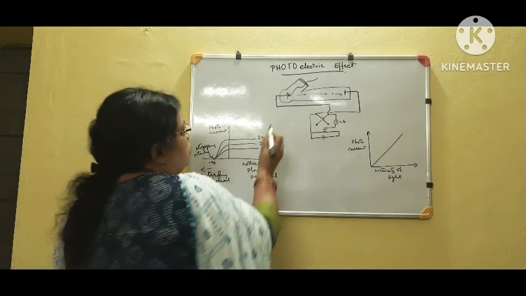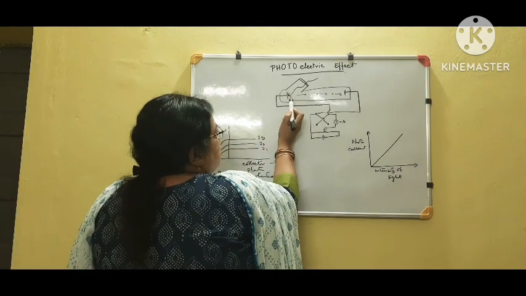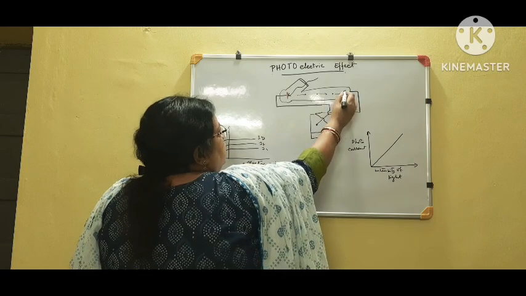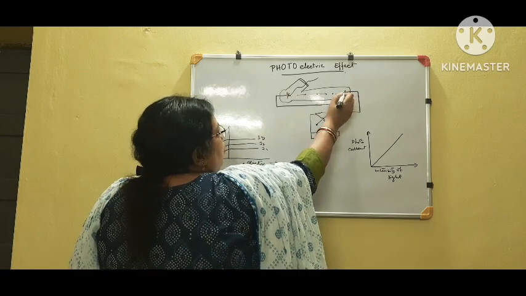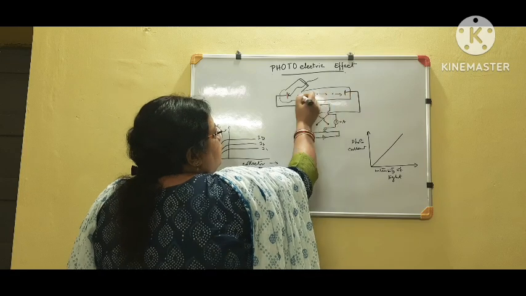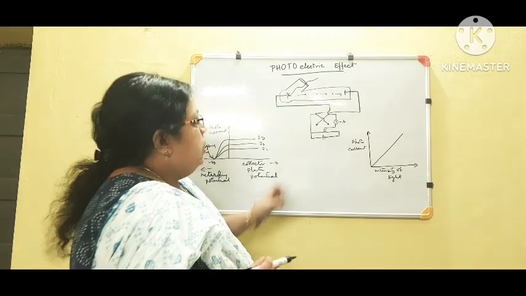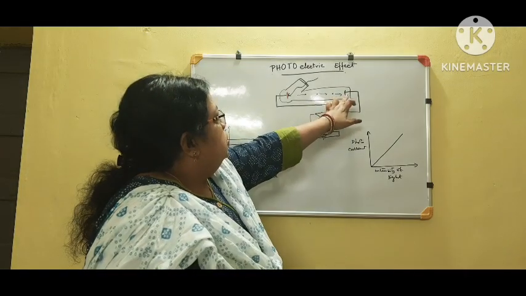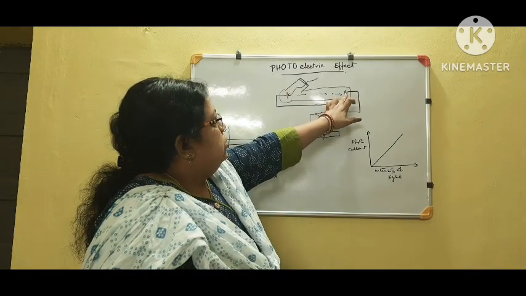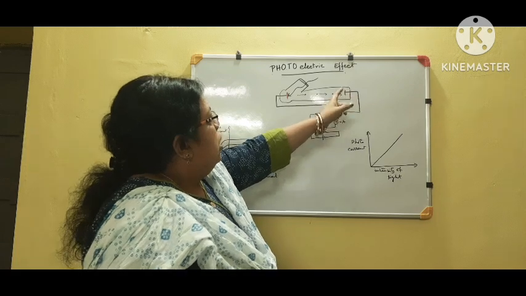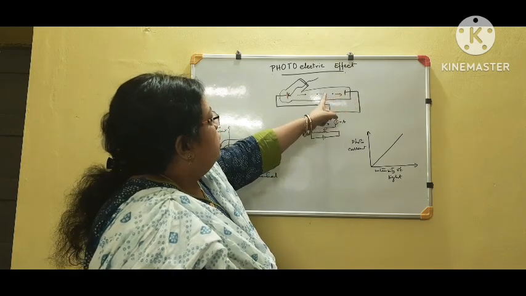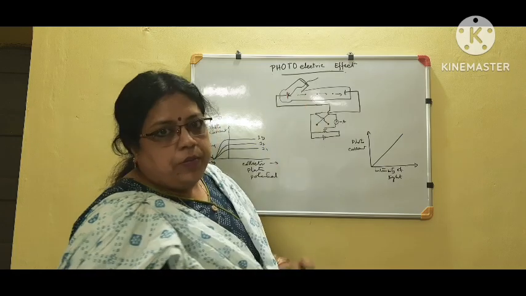When electrons are moving towards this plate and a negative voltage is given, they are repelled by the plate. When a suitable amount of negative potential is given to the collector plate, due to repulsion the electrons come to a stop.